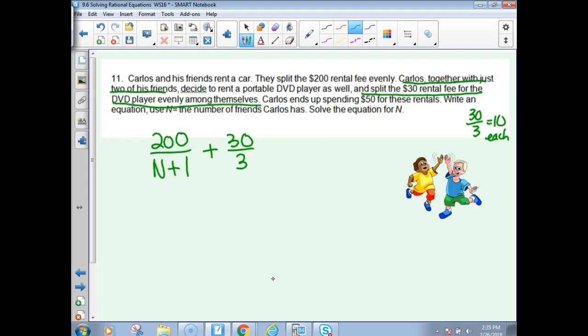That would be 3 people. Carlos has to pay himself plus his friends divided into the 200. Plus he's got to pay part of the 30 divided by 3, which was $10. And that's going to equal, how much money did he spend? 50. So now we've got a rational equation. We can just multiply everything by n plus 1.